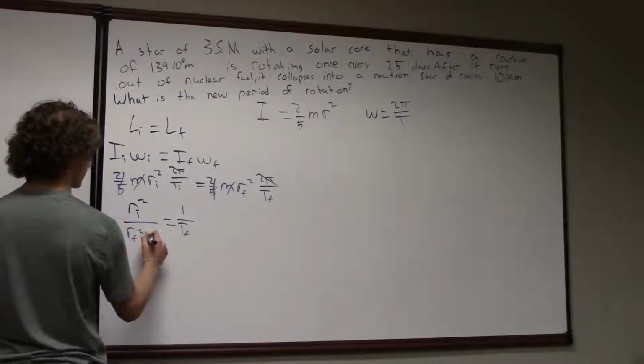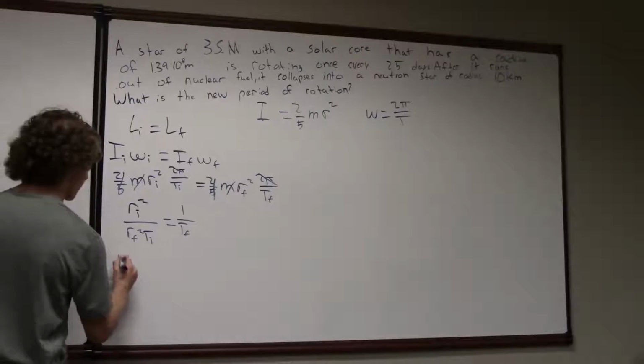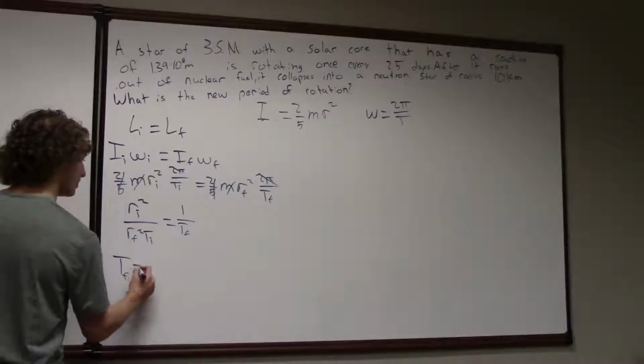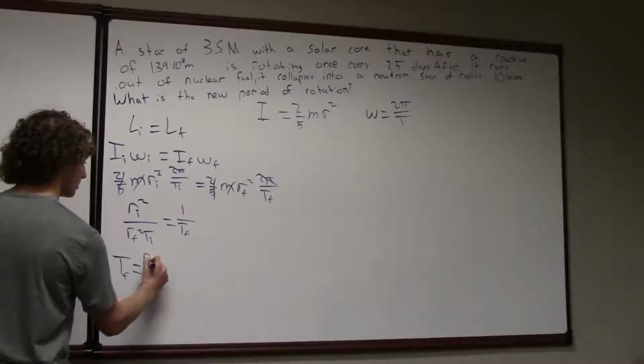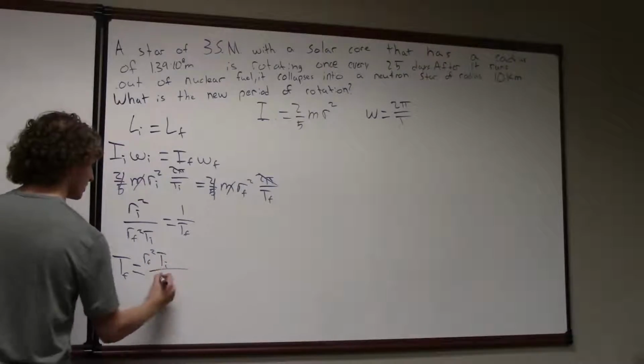There's also a Ti down here. And then just to flip that fraction around, we have Tf is equal to Rf squared Ti divided by the initial radius squared.